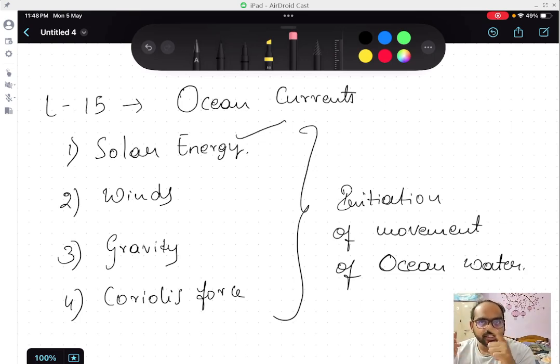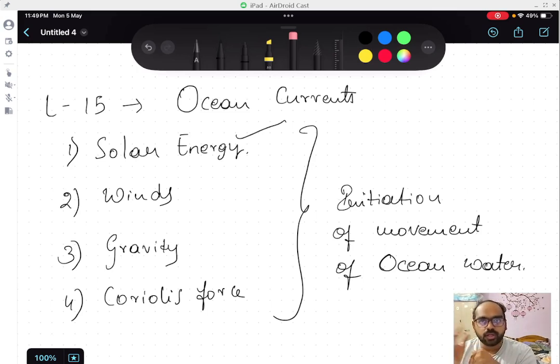The second one is winds, that is planetary winds. For example, in the equatorial region, planetary winds initiate the movement from west to east. In the subtropical region or lower latitudes, in the northern hemisphere, waters move in the northeast direction due to northeast trade winds. At the polar region, due to easterlies, waters move from east to west.